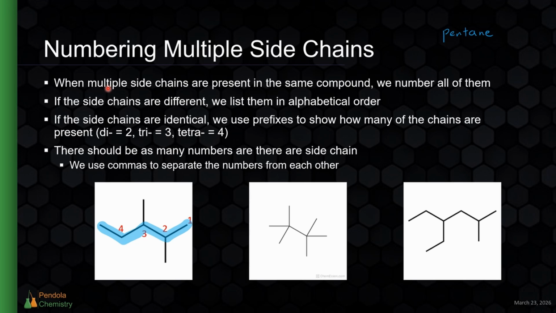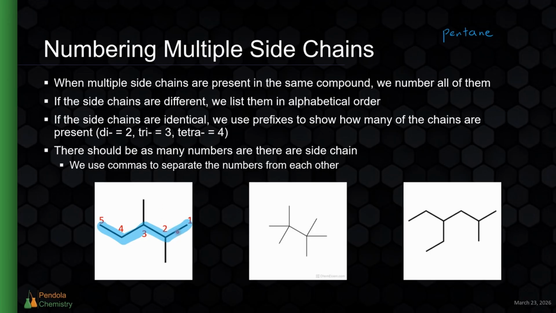Because if we go from right to left, then the side chains end up on carbons 2 and 3. Meaning we have the side chains on smaller numbers. Always remember, we number the way which gives us smaller numbers to the side chains. Another way to think about this is that we're going to number starting from whichever end is closer to a side chain.